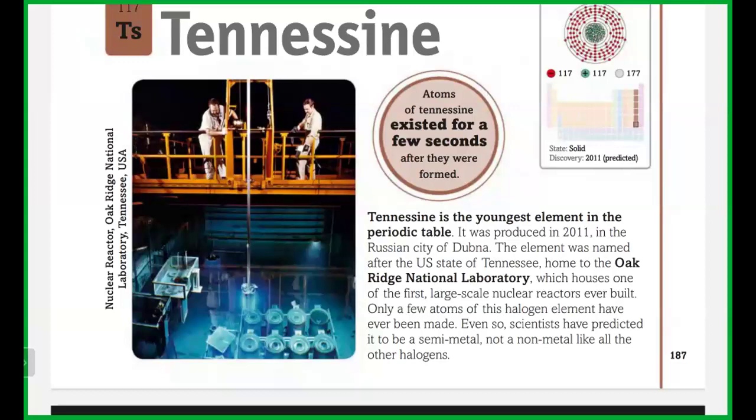So it wasn't actually made in Tennessee, but it was named after Tennessee because of the large-scale nuclear reactor built there, specifically at the Oak Ridge National Laboratory. So that's how tennessine got its name.